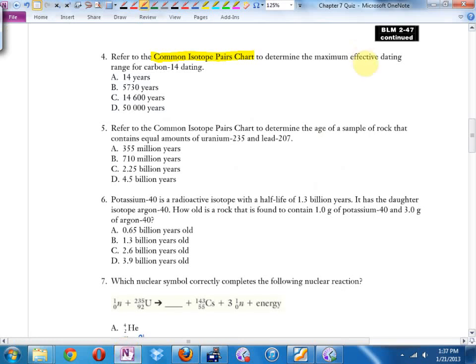What's the maximum effective dating range for carbon-14 dating? What's the half-life of carbon-14? What does it say on your green chart there? What's the half-life of carbon-14? 5,730 years, which means it's not useful to try and figure out if something is only 14 years old.